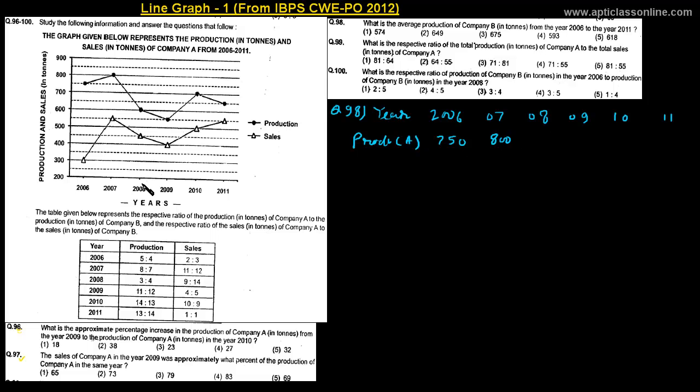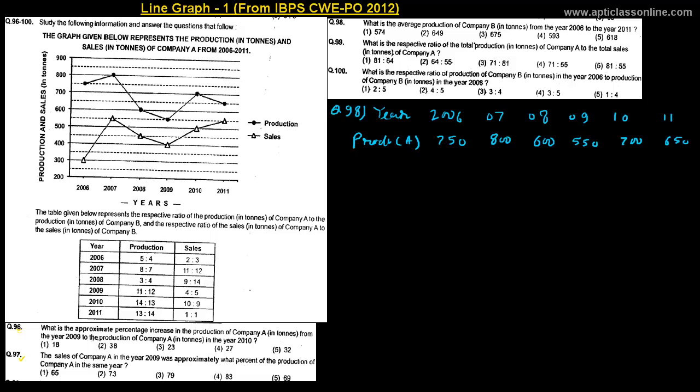For 2008 the value is 600. For 2009 the value is 550. For 2010 the value is 700, and for 2011 the value is 650.